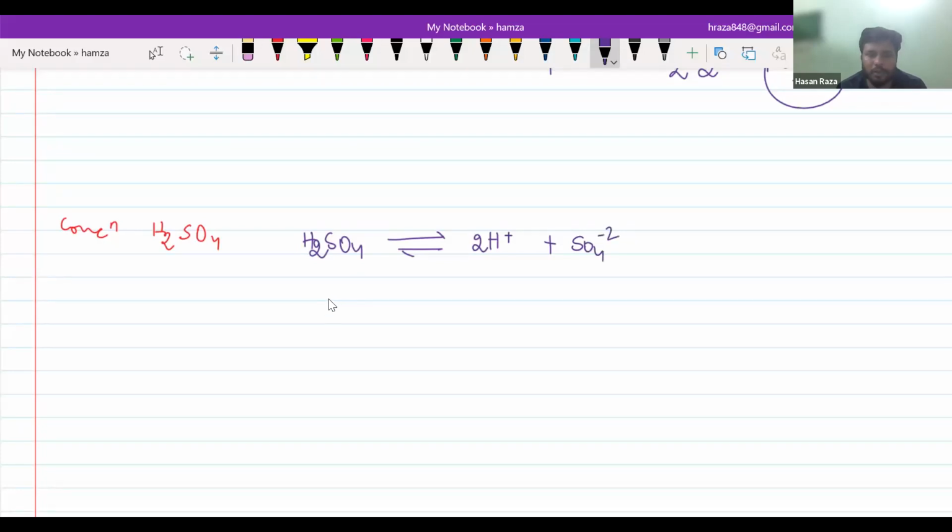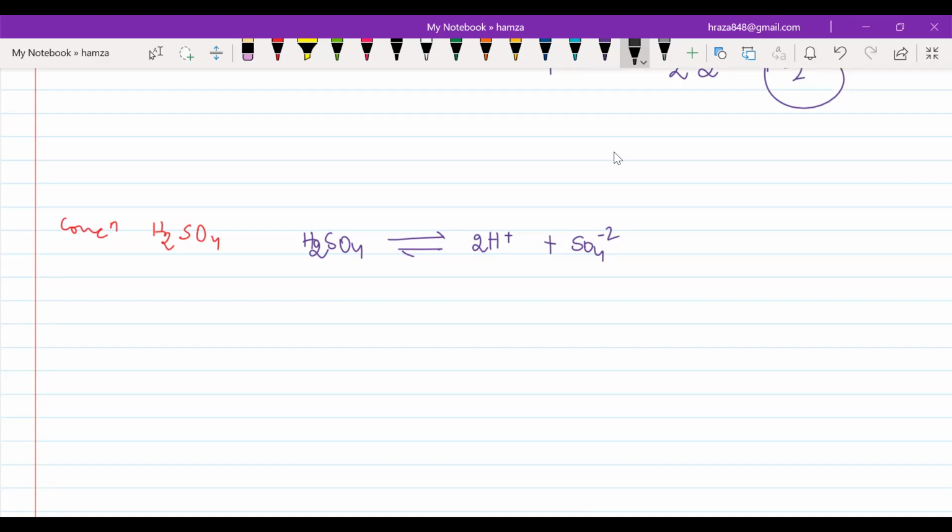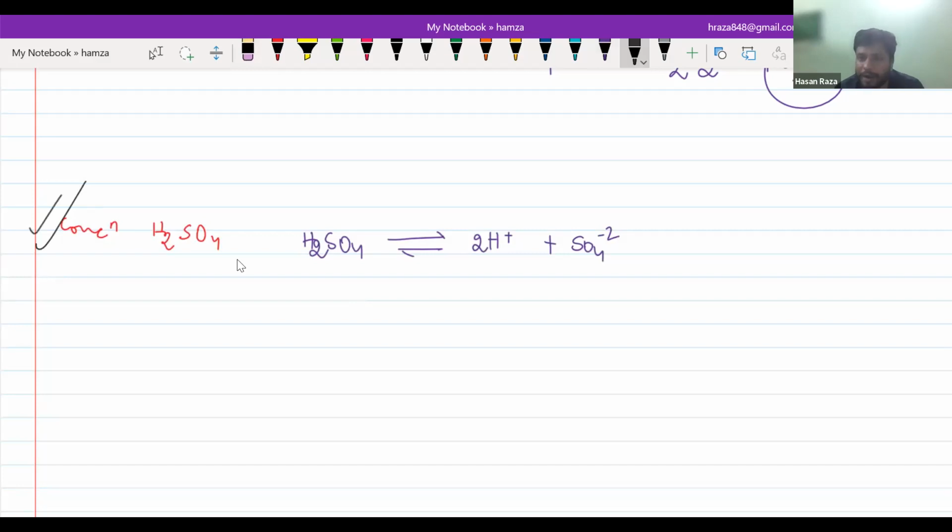Again, after H2SO4 we have H2O, and since it is concentrated, the quantity of water or solvent is very less. Yes or no? Yes, sir. Nafisa, Neha, since it is concentrated H2SO4, that means the quantity of solvent is very less.